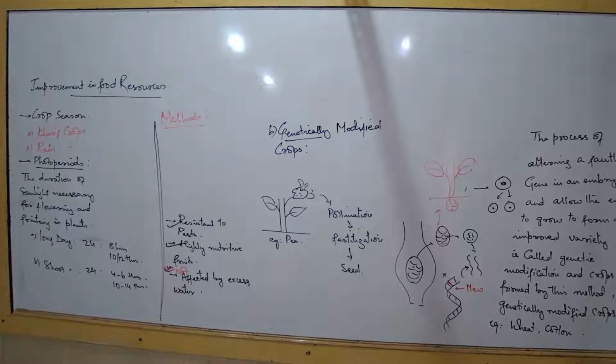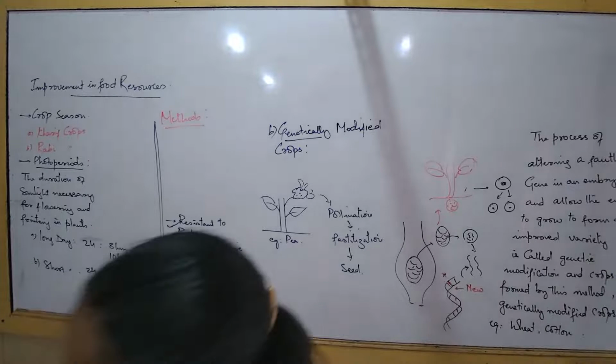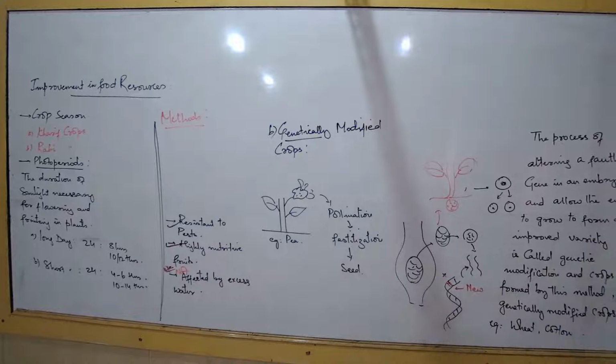Another plant, like coconut, gives fruit almost in a period of 2 years. But certain crops like rice and wheat give the crop and seed almost in a period of 1 year. So the breeder or the farmer would always like to grow crops which have a short duration of maturity.